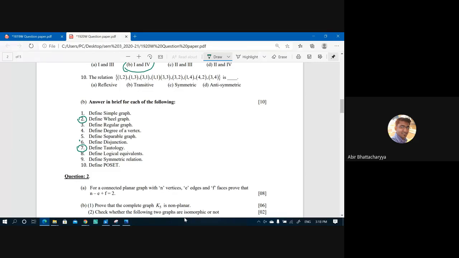So the best writing is: a wheel graph is a graph formed by connecting a single universal vertex to the other vertices, forming a cycle with each and every vertex.